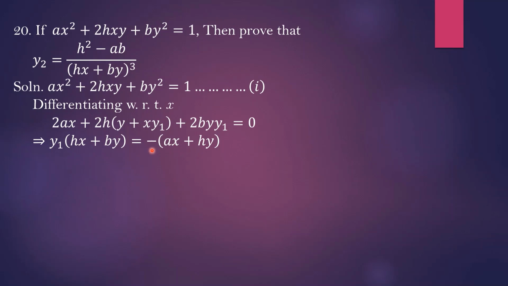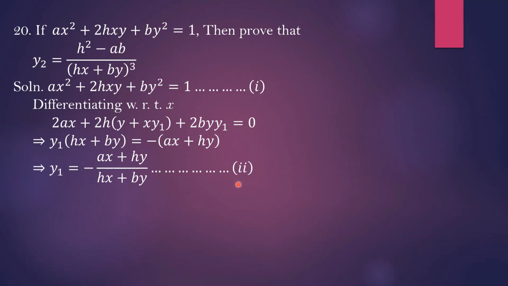We have taken minus common here, so it is minus of (ax plus hy), simple. Then y1 will be equal to, just divide it, y1 is equal to minus (ax plus hy) divided by this term (hx plus by).